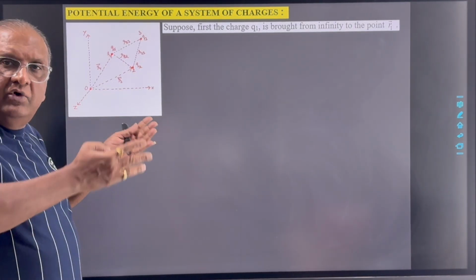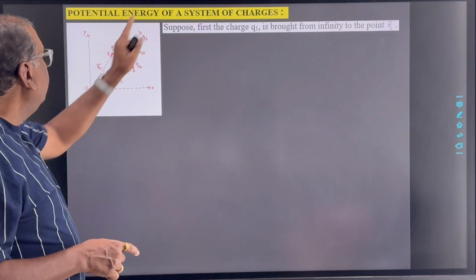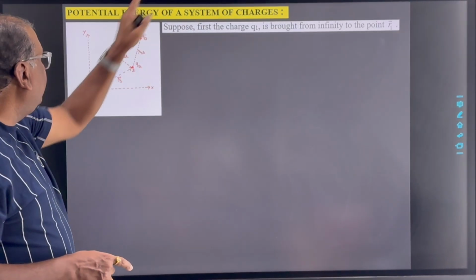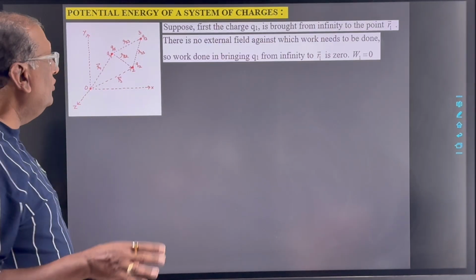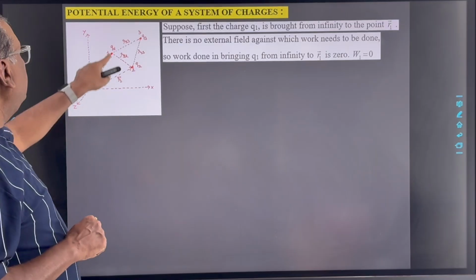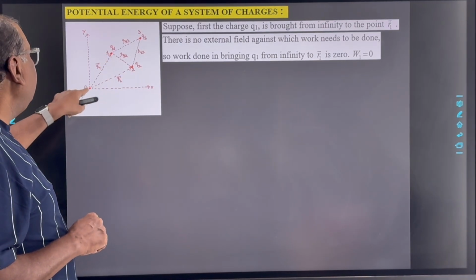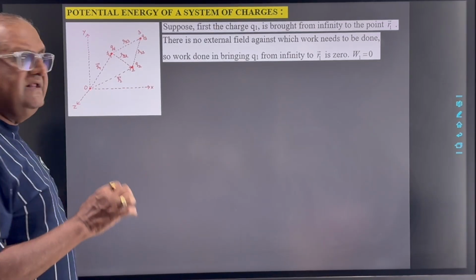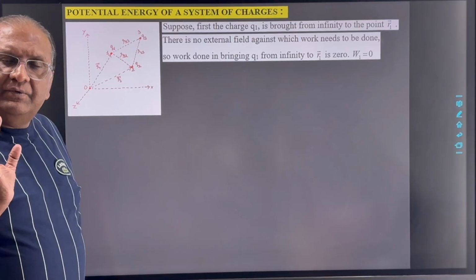So when there is no electric field, the work done to bring this charge Q1 from infinity to point 1 is equal to 0. So charge Q1 is placed at point 1 having position vector R1. In this, the work done is 0.